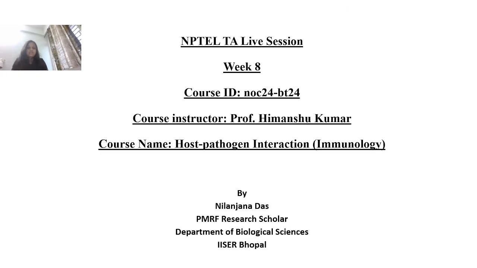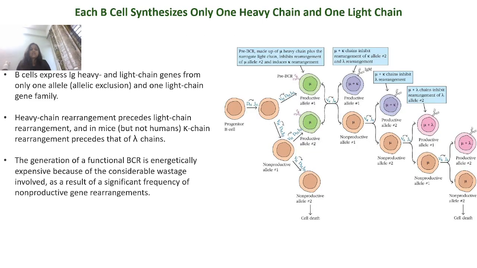So I haven't finished the last class, so I will continue with the B cell, as well as some of the left portion of the B cell rearrangement, then I will go to the T cell rearrangement. So here you can see, as I have already told, antibodies are composed of heavy chain as well as light chain, and they have a variable region as well as a constant region.